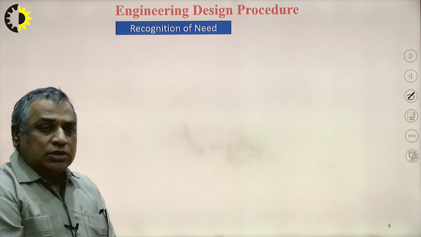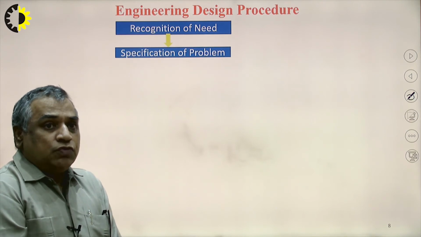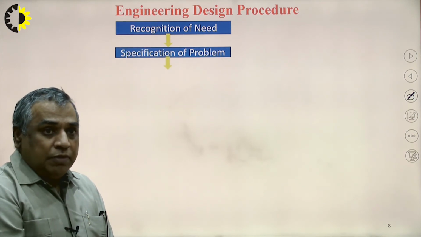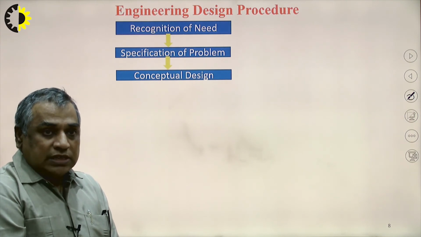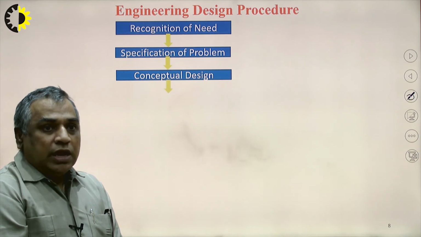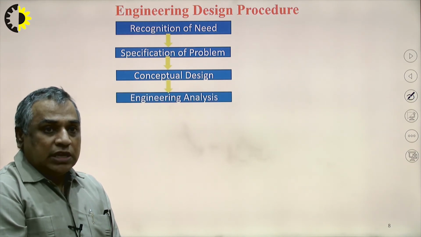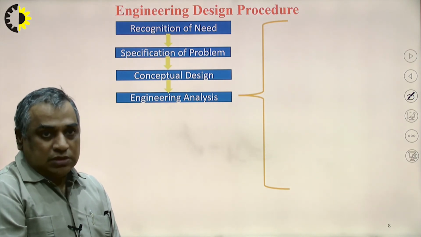The engineering design procedure starts with the recognition of need we have discussed earlier. Then the specification of problem and definition of problem is the same. Then if the definition is successful, we will do the conceptual design that we have covered up to the presentation. And after conceptual design, engineering analysis is there. Engineering analysis includes several steps.